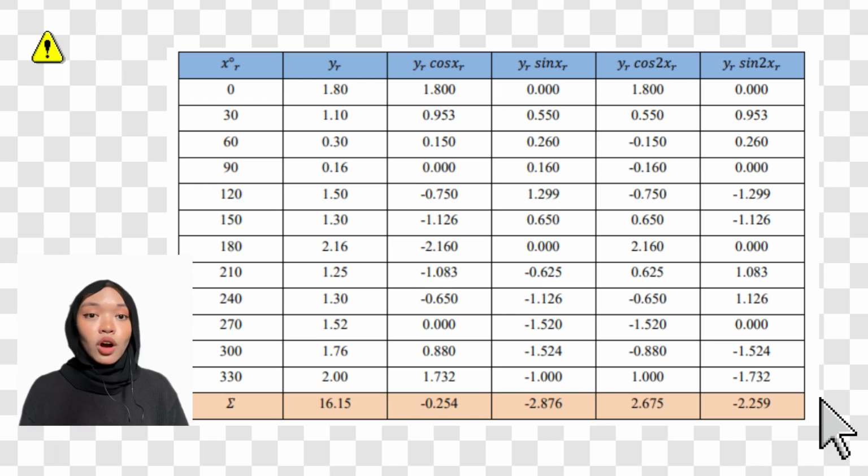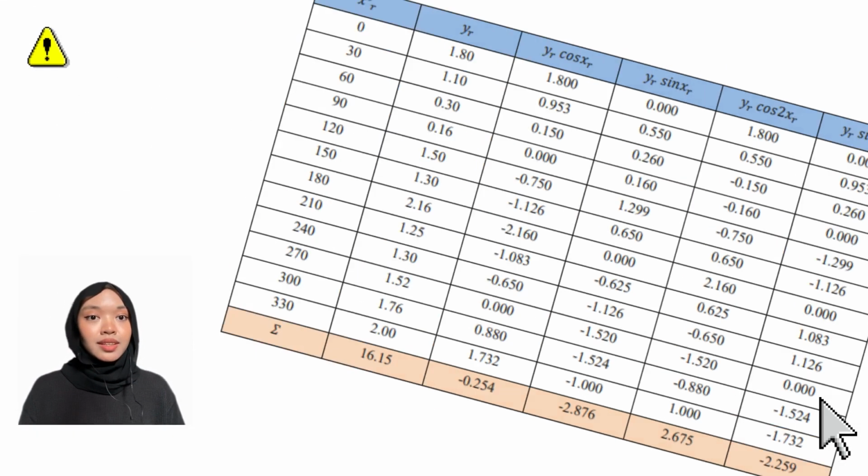After filling in all the required values for each column and row, next we need to sum up the values for each column. When the table is completely constructed, now we can find each value in the standard form equation.